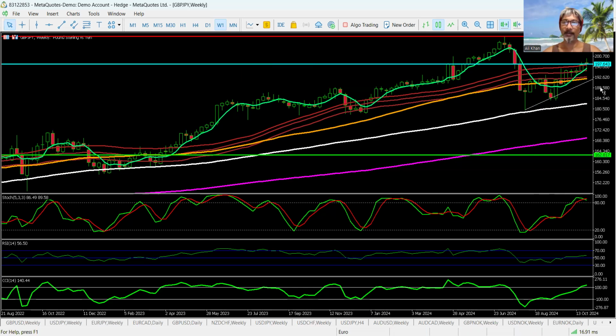For example, this trade is offering you 3,500 pips. So if you do £10 a pip, it's £35,000. And if you do £20 a pip, that's £70,000 profit.